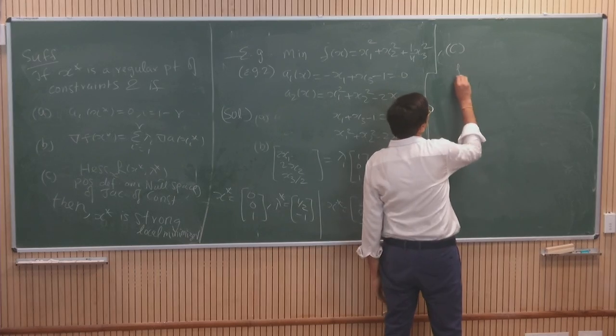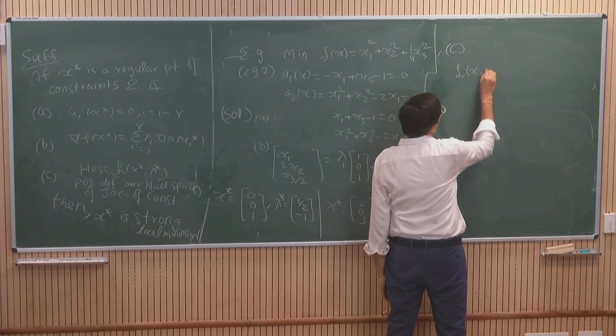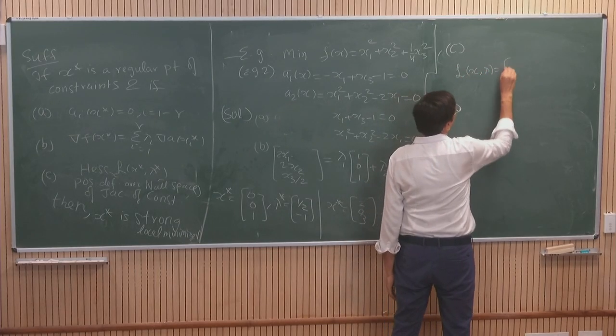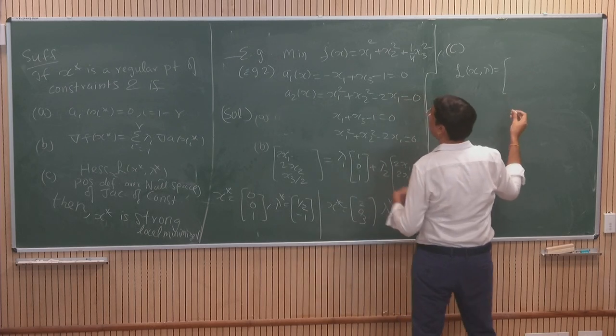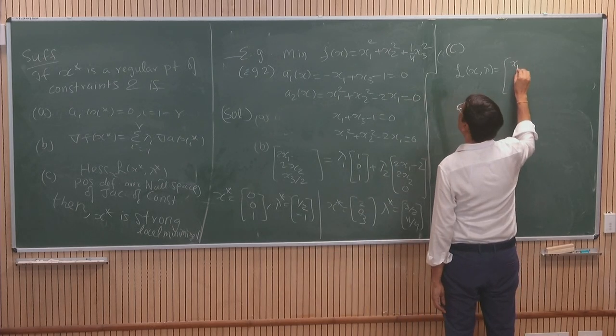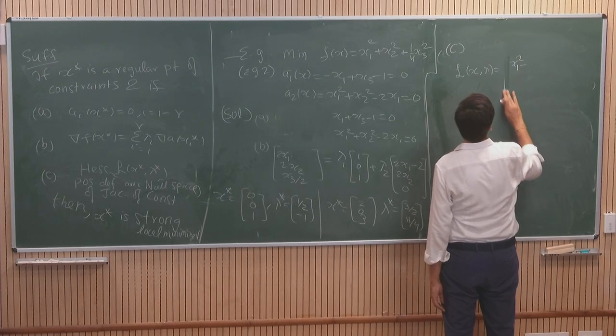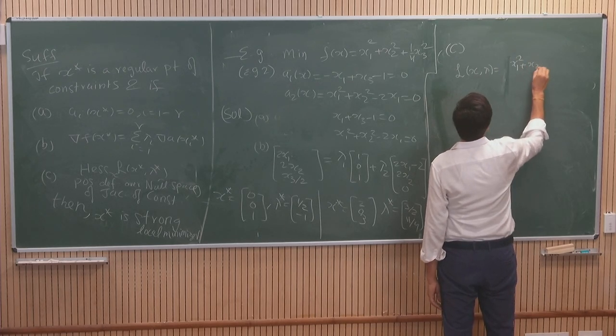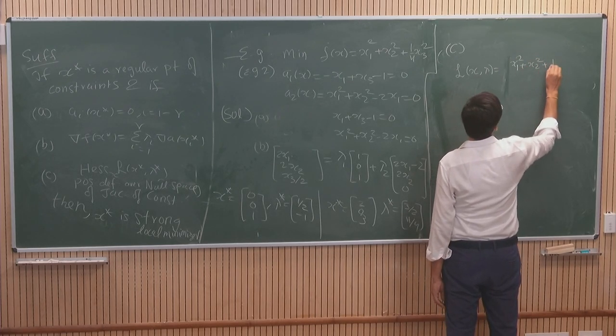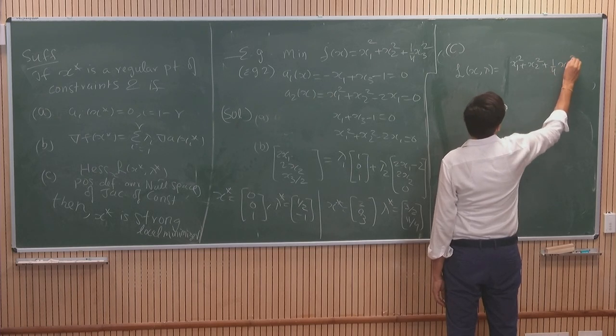So what is the Lagrangian function now? Tell me. x1 square plus x2 square plus 1 over 4 x3 square.